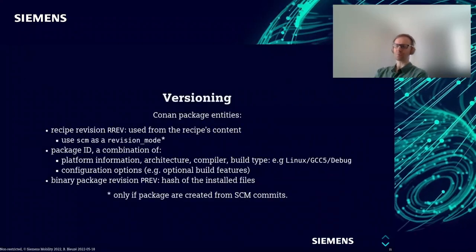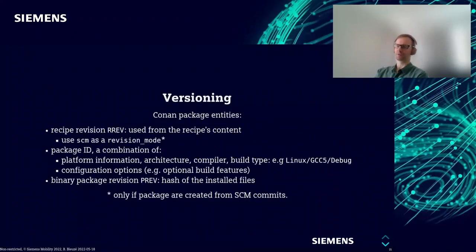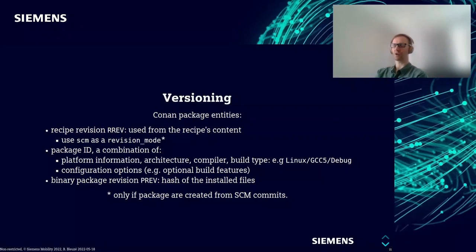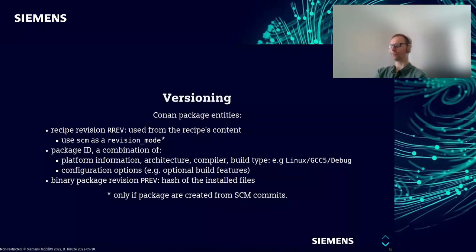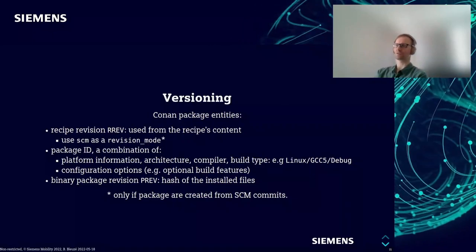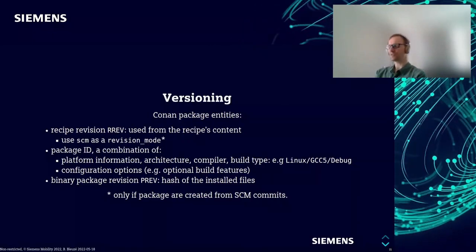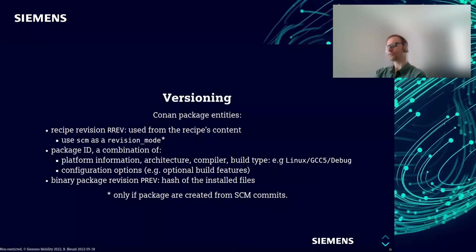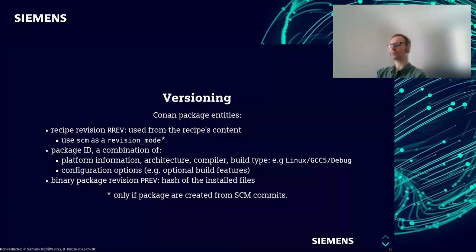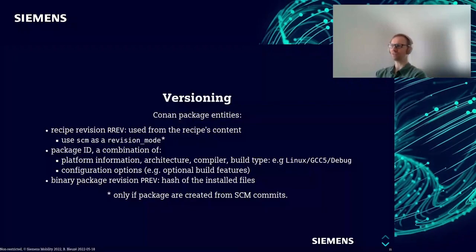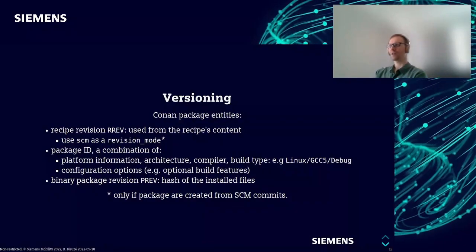The second thing when you depend on packages is the versioning. Versions are how you communicate changes to depending packages. Before I dive into how we work on versions, I need to tell you a bit about what the different entities in Conan packages are.